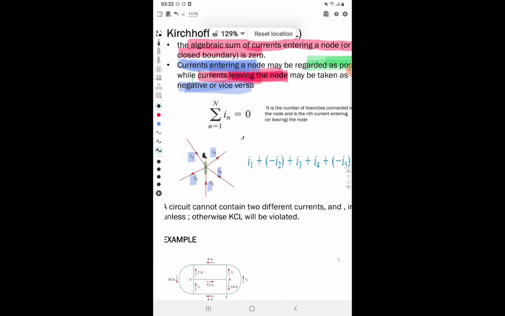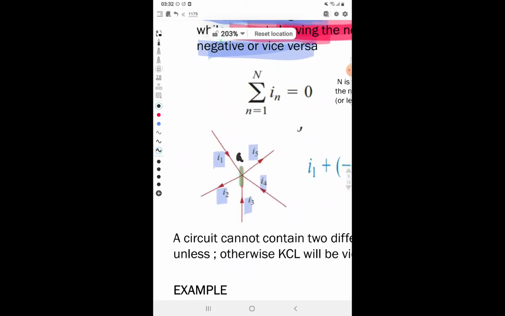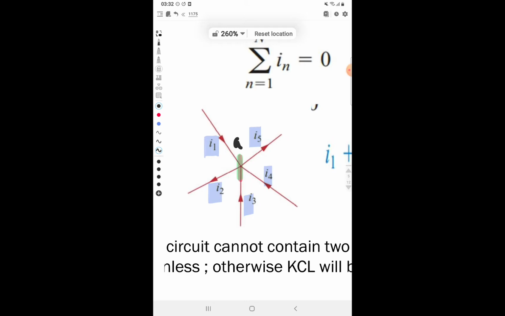So first identify natin kung yung current natin is papasok or palabas sa node. As you can see, there are 5 branches that are interconnected in our node A. Okay? So let's identify that our I1, as you can see, yung arrow natin paloob, pasok, means that is entering.